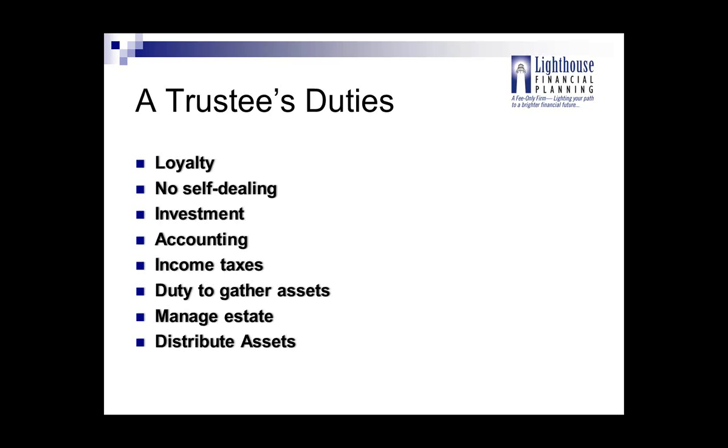Now, as part of this duty of loyalty, there should be no self-dealing. One example might be where there's a valuable piece of real property held by the trust. You would be prohibited from selling it to yourself at a discount.